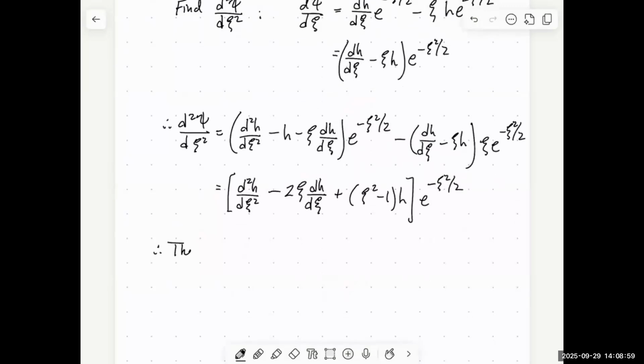Okay, so that's our two derivatives of our stationary state that we're looking for. And what we're going to do is put that into our time independent Schrodinger equation. Let me remind you of what it looked like. So this is what we just worked out. It's a bit of a mess, but then it has to be equal to z squared minus k, where k was that thing that was proportional to energy.